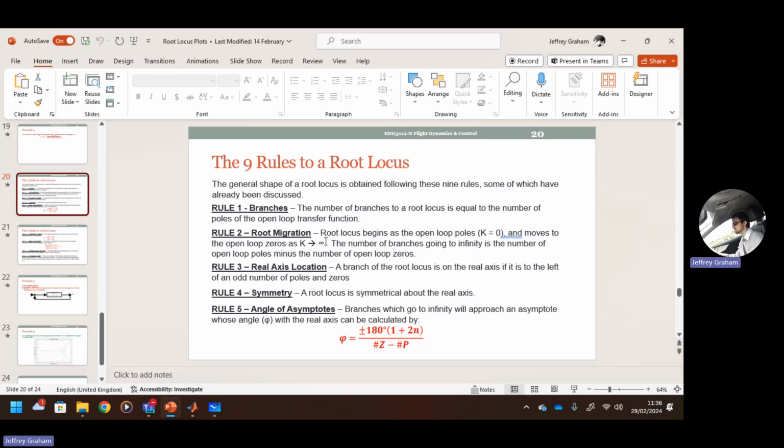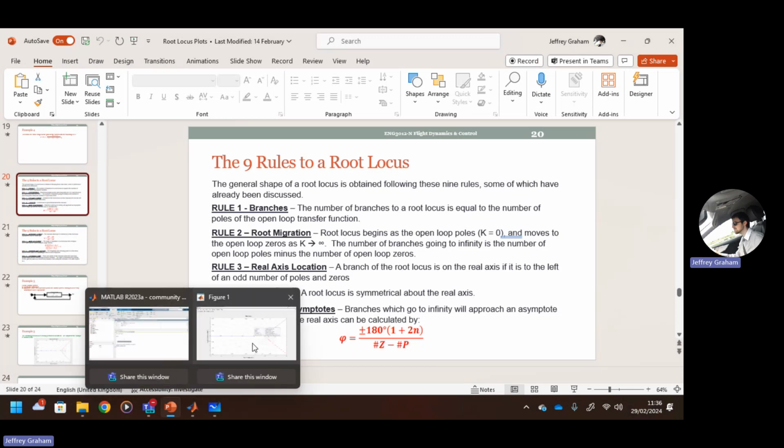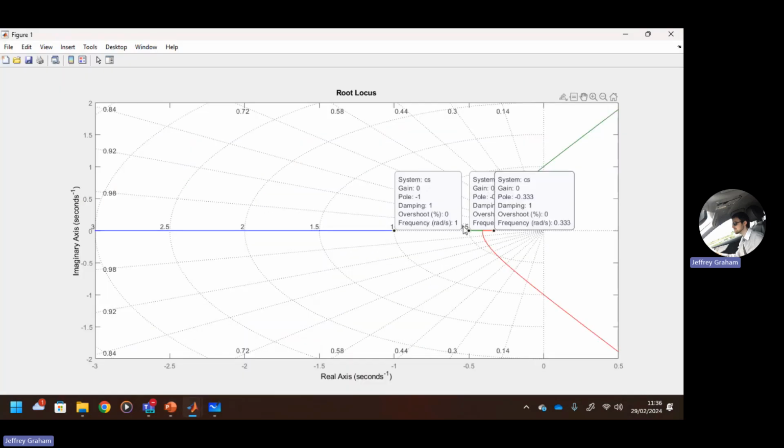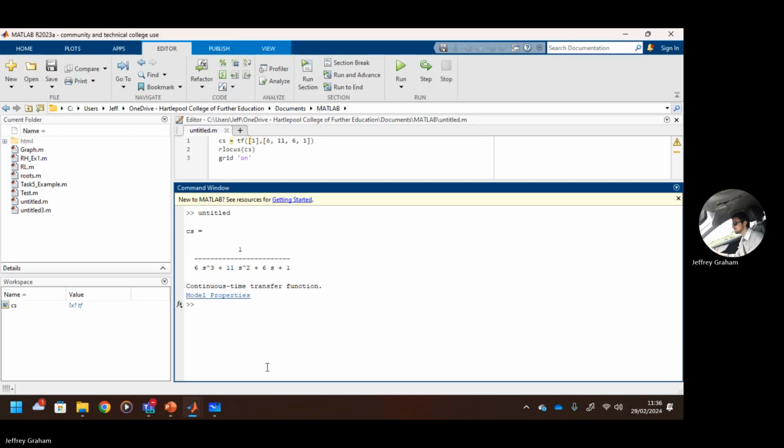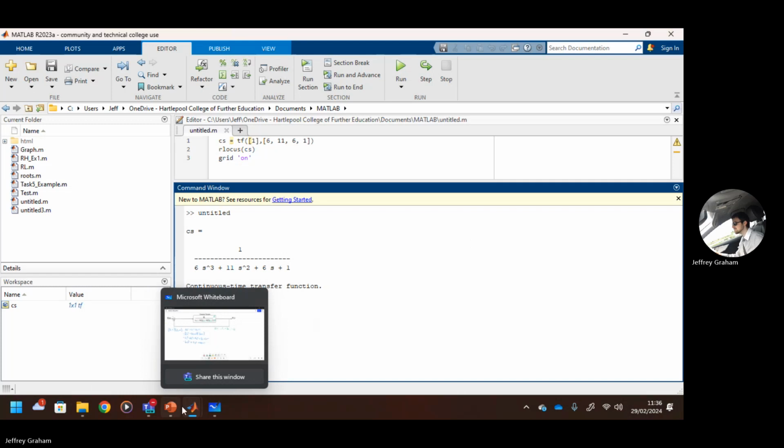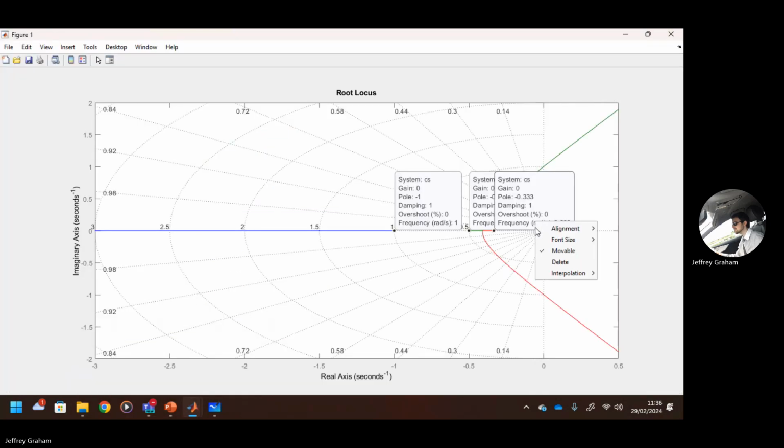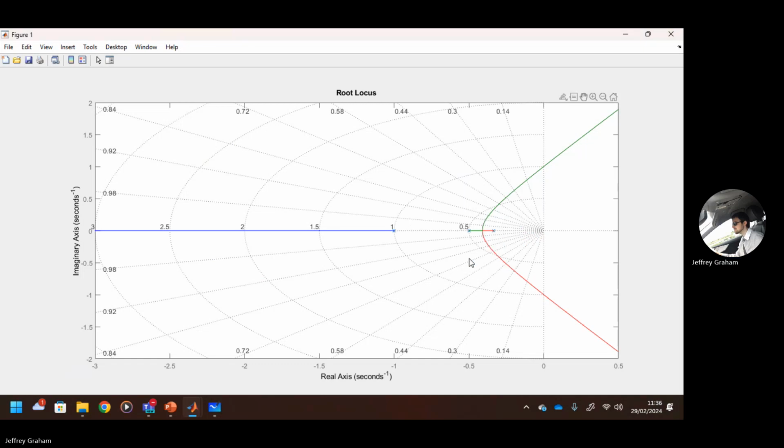Right. Rule number 2, talk about root migration. So the root locus begins at the poles, the 3 values I've identified there. So we're starting at -1, starting at -1/2, and we're starting at -1/3.